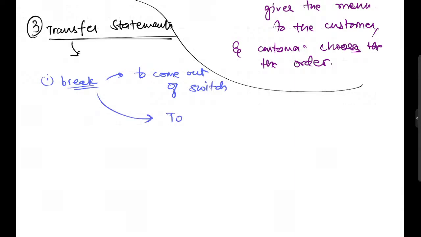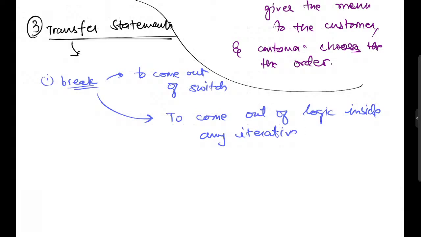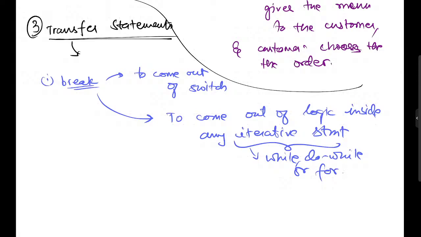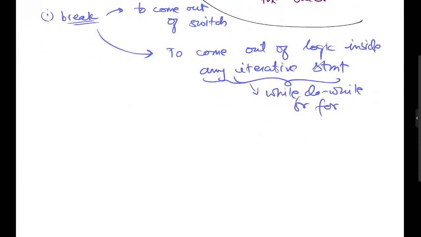Or to come out of logic inside any iterative statement. Any iterative statement means inside while, do while, or for loop. That is what I mean by any iterative statement.